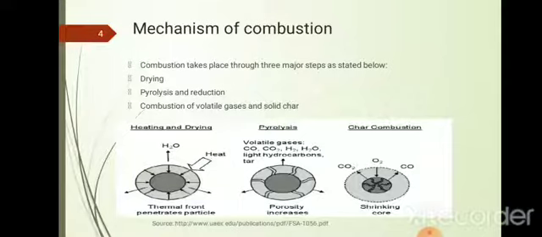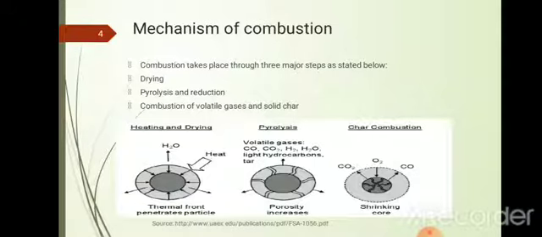In the second phase, pyrolysis and reduction happen in the absence of oxygen. The porosity of the biomass particle increases, and through these pores volatile gases like carbon monoxide, hydrogen, carbon dioxide and other hydrocarbons escape, and the reduction of these gases also happens. And finally we have the combustion.